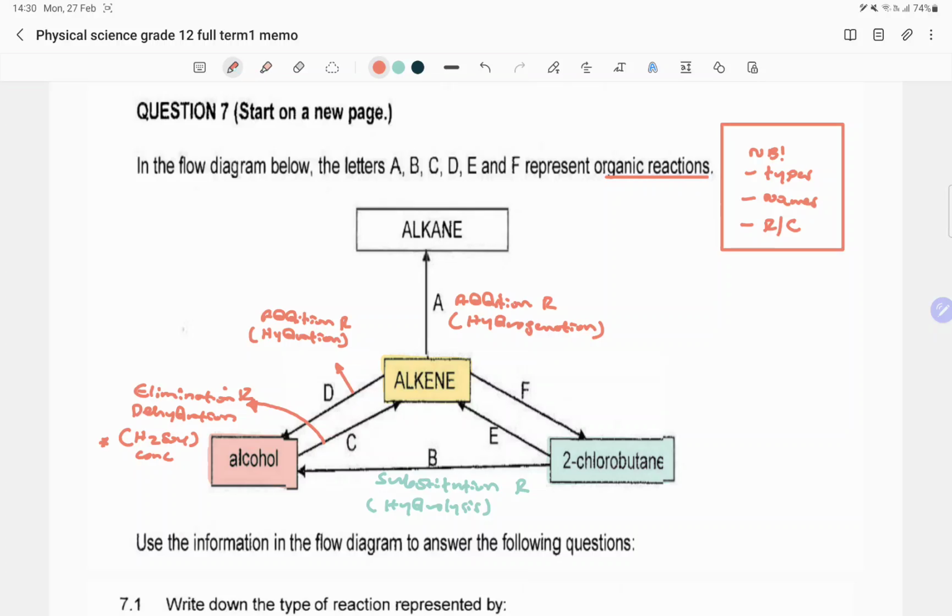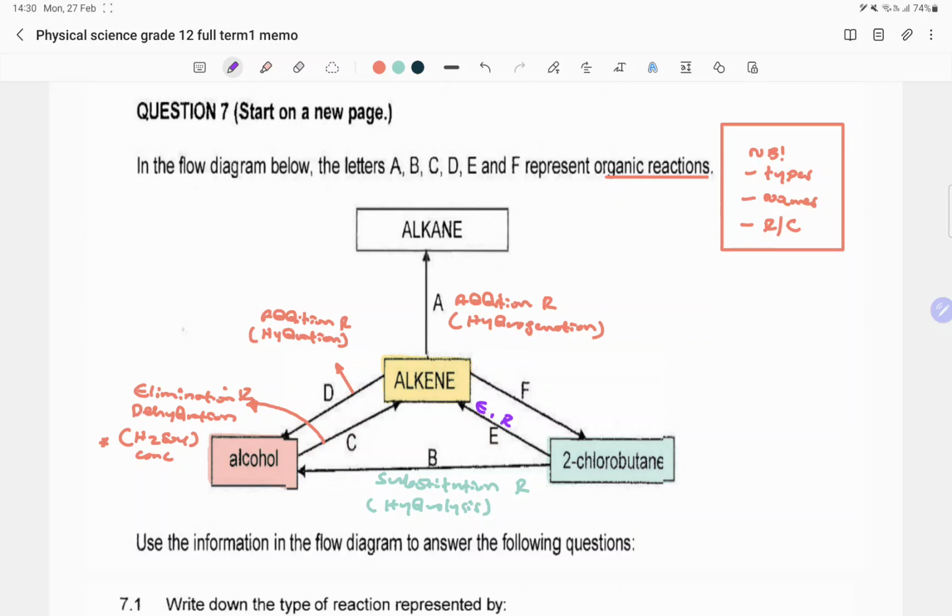What can we say about reaction E? This one, we can see that we are moving from a 2-chloropentane to an alkene. Again, it's an elimination reaction. I'm just going to say ER. And the name of this elimination reaction is dehydrohalogenation.